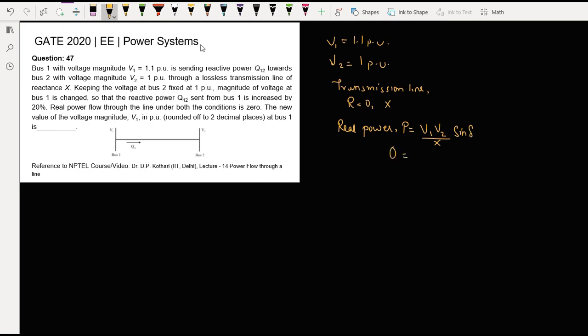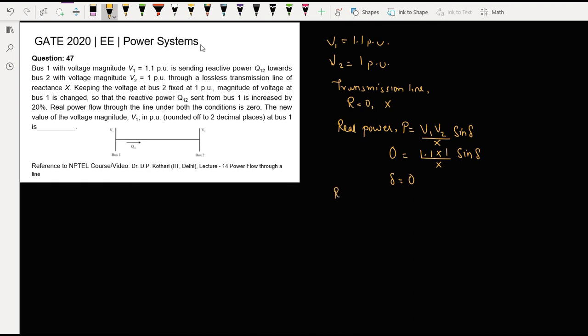Substituting the values which are given, we get delta is equal to 0. This delta is the power angle, and since X cannot be equal to 0, delta is equal to 0.